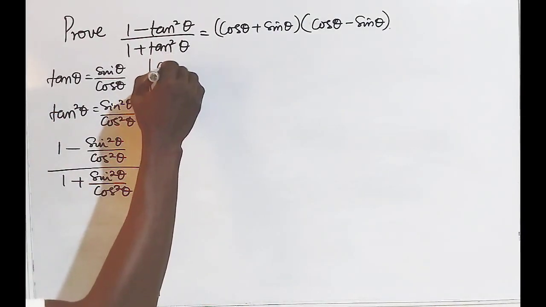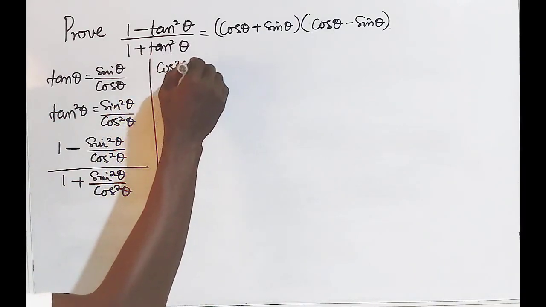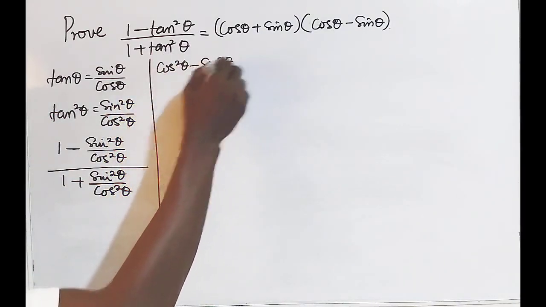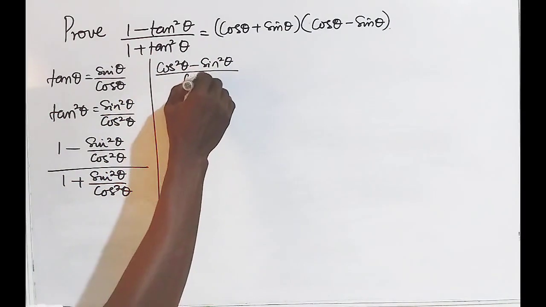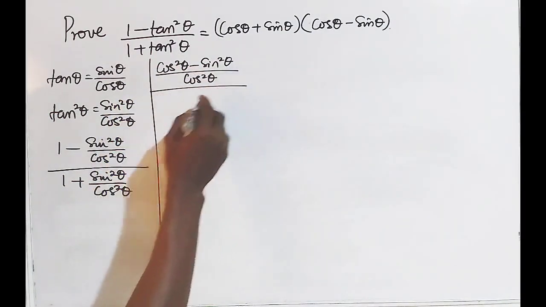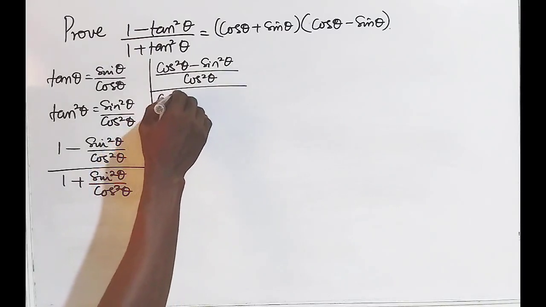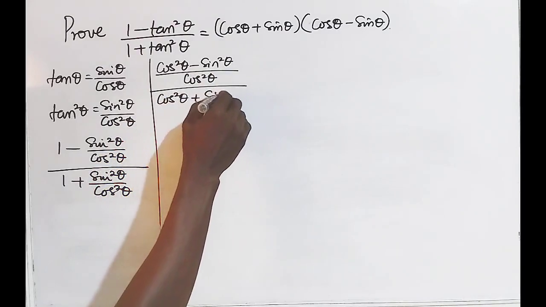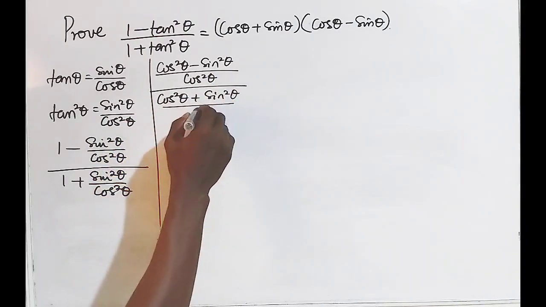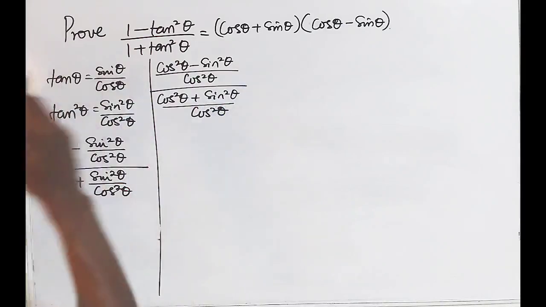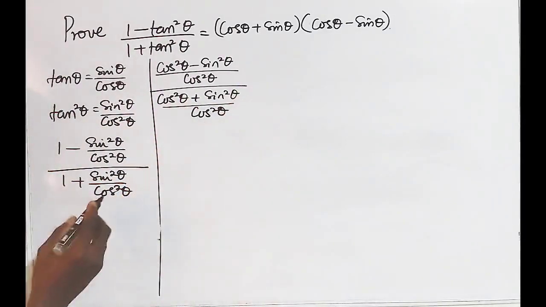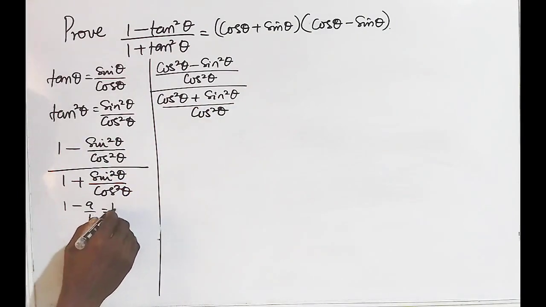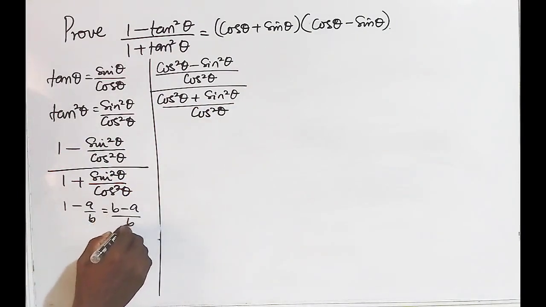This becomes cos² minus sin² all over cos², everything over cos² plus sin² over cos². In case you might be confused, this is what I mean: 1 minus a over b will give us b minus a over b. This is just to a single fraction.